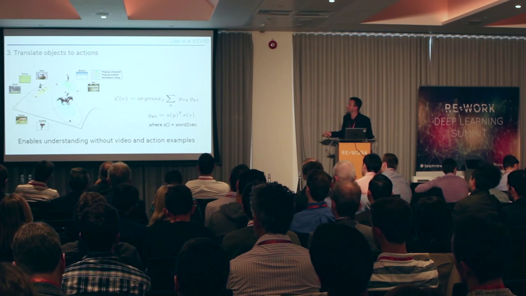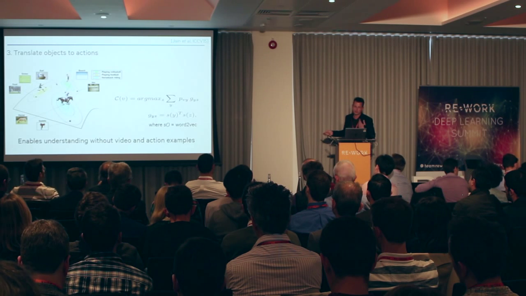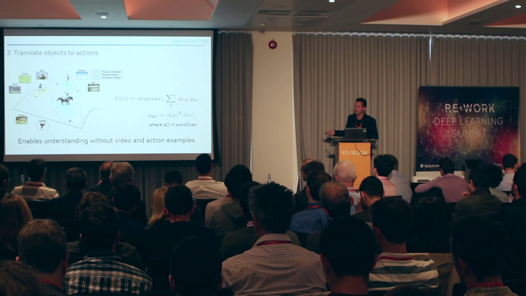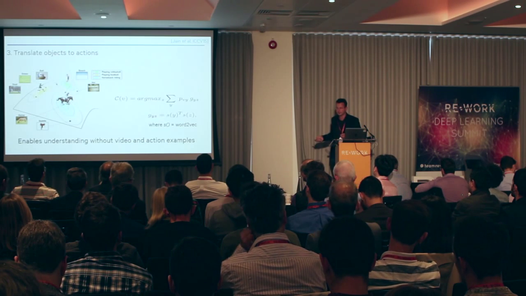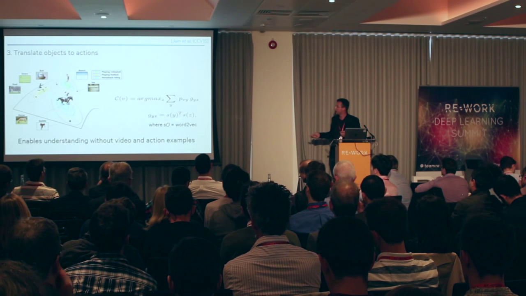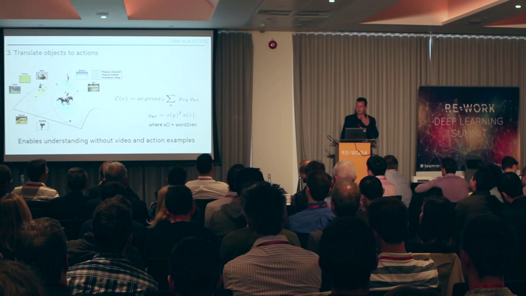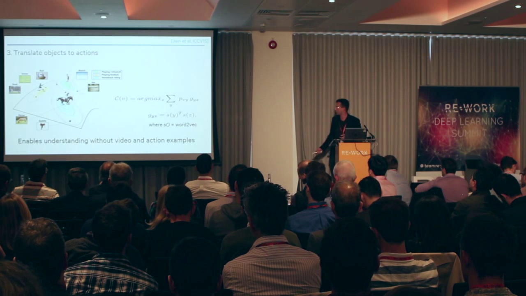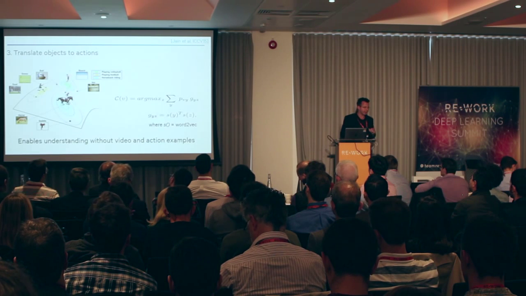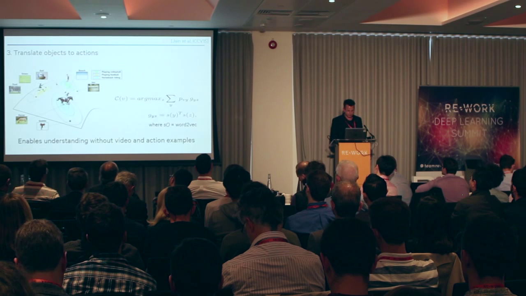We take a video, we encode it with the various object responses, and then we simply multiply it with an object action affinity value. And this object action affinity value is a cosine distance between two vectors that are obtained from word2vec. So Leo talked about this before. And this enables understanding of a video without using any video examples or action examples to train it. So this is pretty cool.